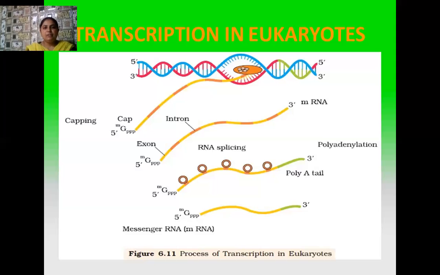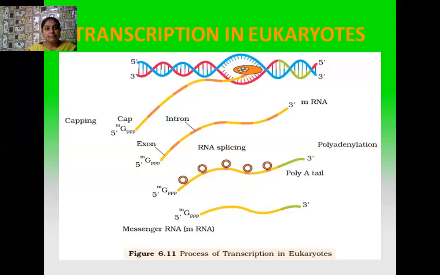Okay, students. So when this precursor messenger RNA is formed, it is actually the messenger RNA that has both types of sequences in it. That means there are some coding sequences, which are known as exons, and some non-coding sequences, which are known as introns.